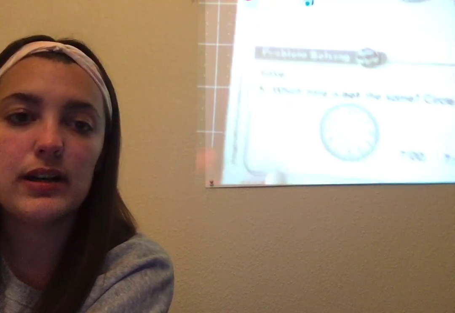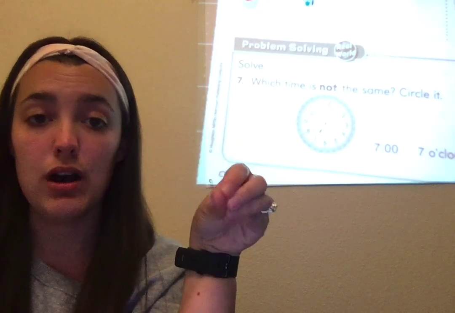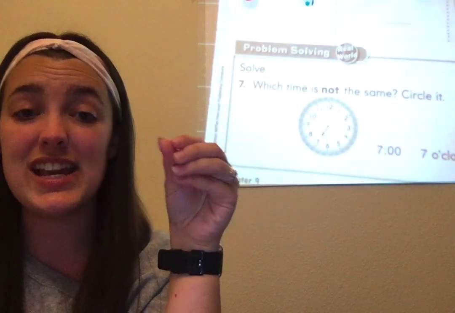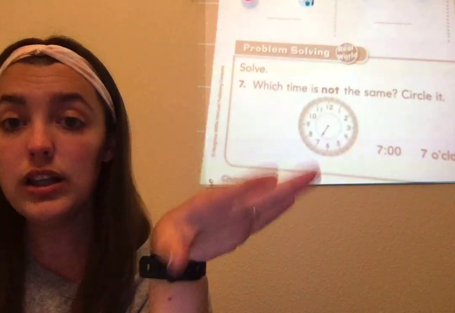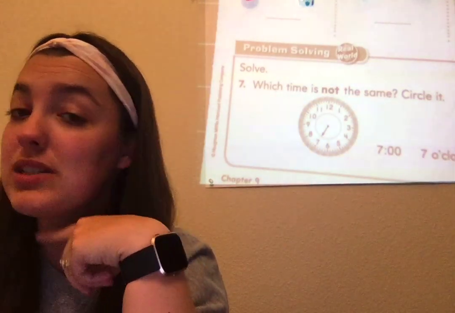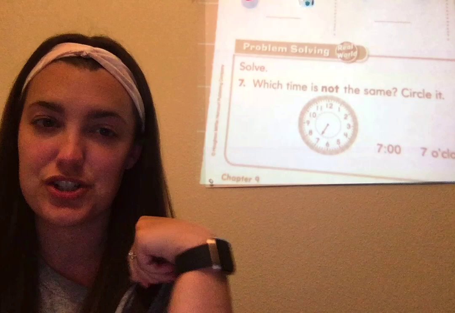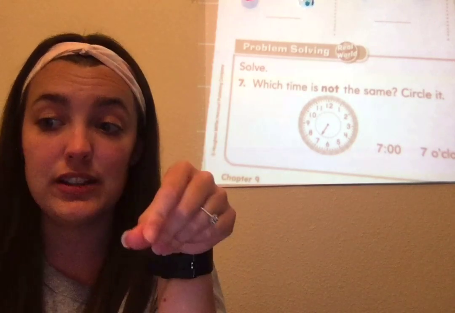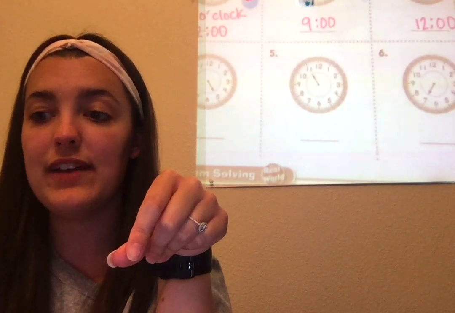And I want you to tell me which one does not belong. So I will give you the hint of saying that all of these are a way to say 7 o'clock, except one of them. I want you to find out which one doesn't belong, which one doesn't say 7 o'clock. I want you guys to circle that one, okay? That's your challenge one. The only ones you're required to do are ones 4, 5, and 6.